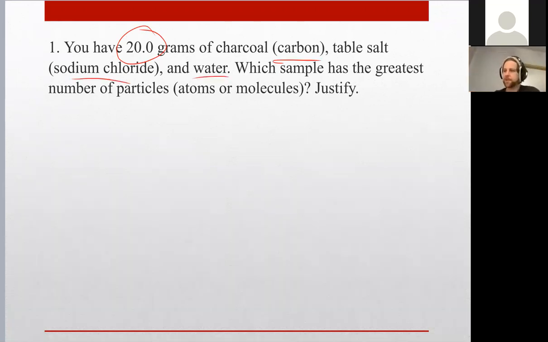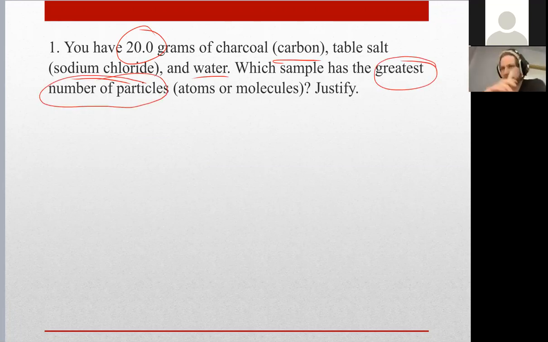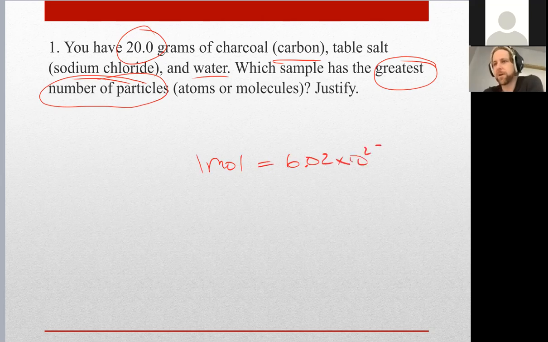Our goal is to figure out which has the greatest number of particles. One of our resources to connect number of particles to grams is Avogadro's number, and that is connected through the idea of the mole. The mole is in the middle, and 1 mole is 6.02 times 10 to the 23rd particles.